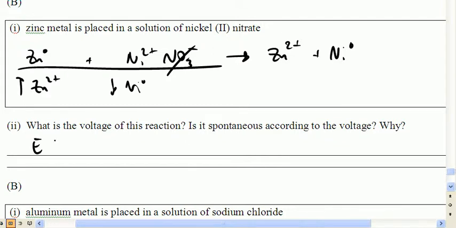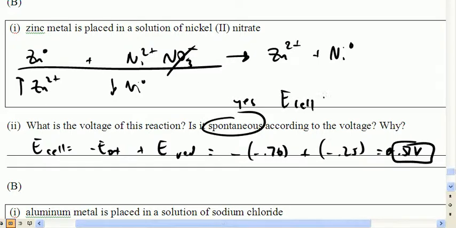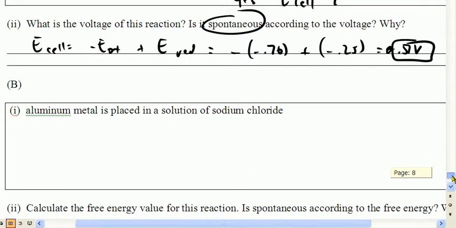You do this calculation, and E cell is equal to negative E ox plus E reduced, which is going to be equal to negative 0.76 plus negative 0.25, negative 0.51 volts, or positive 0.51 volts. It's spontaneous, yes, because E cell is greater than 0.